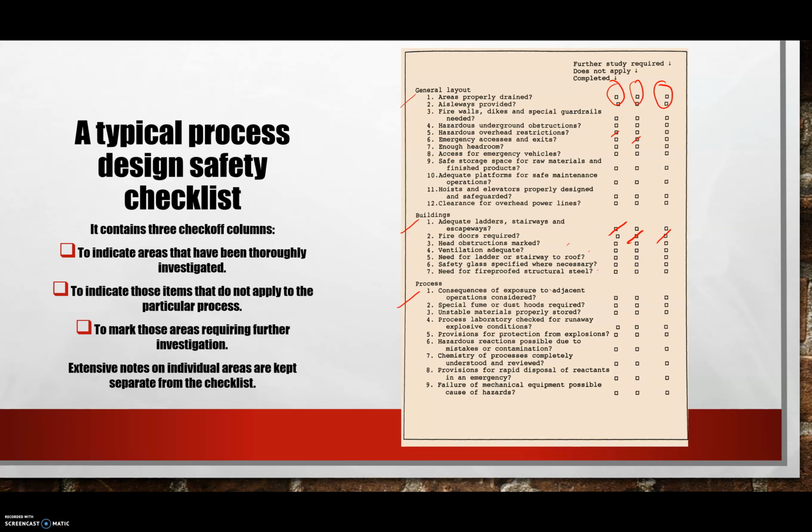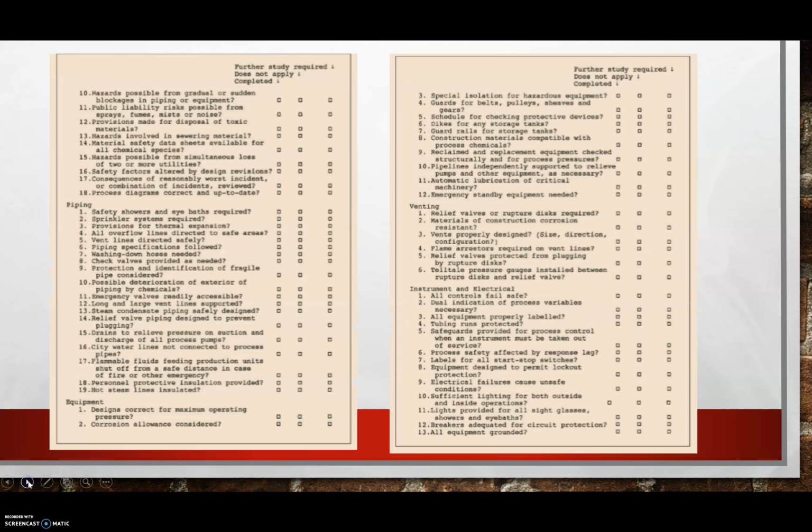So this is an example of a safety checklist. This example has been taken from Chemical Process Safety Fundamentals with Applications by Crowl and Louvar, your textbook. You can see the example in your textbook.